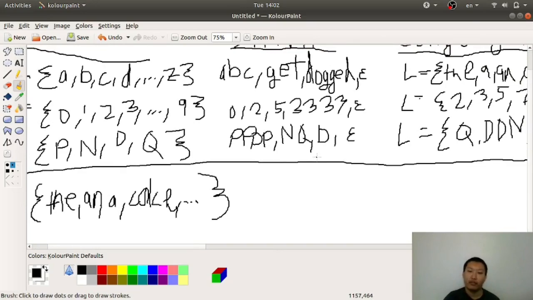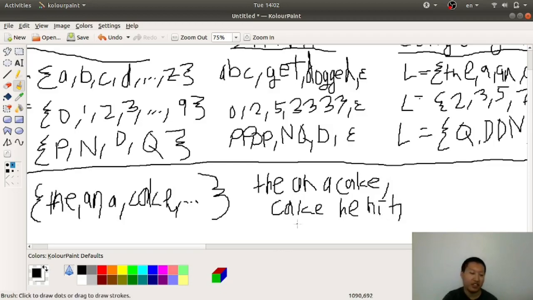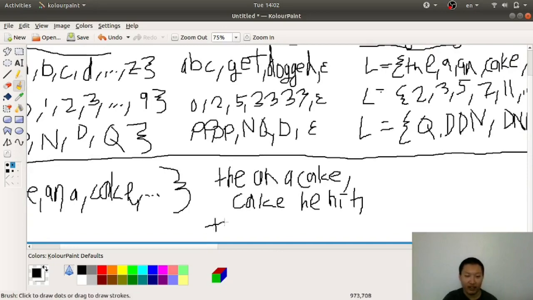So we could have maybe like the, and, cake, that would be one string. We could have maybe cake, he hit. And then another valid string would be their bat.